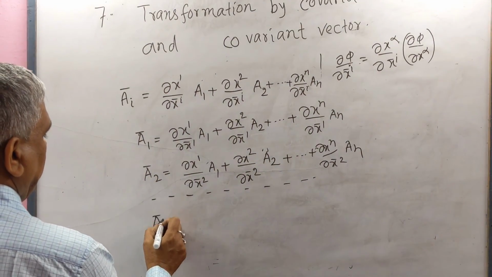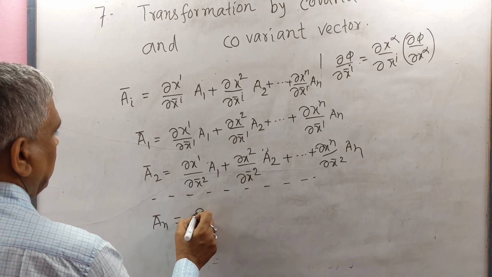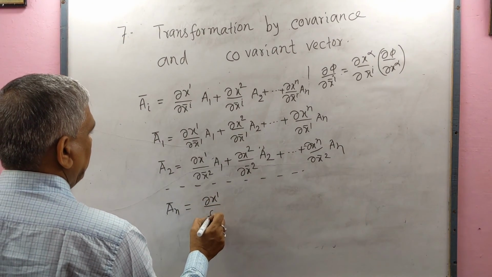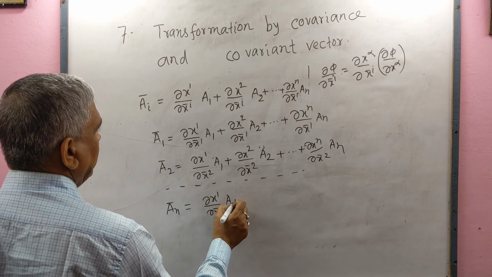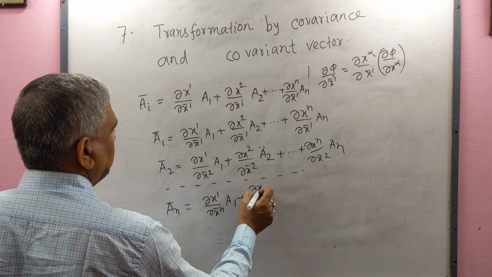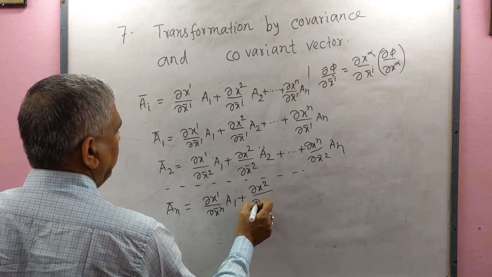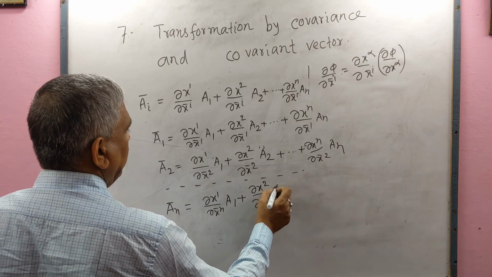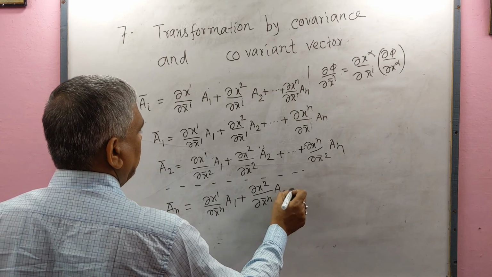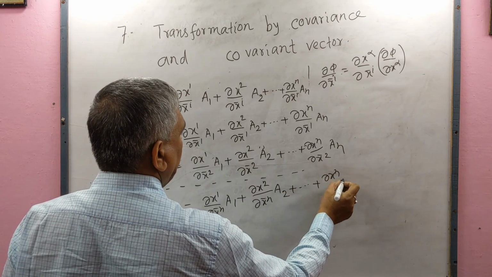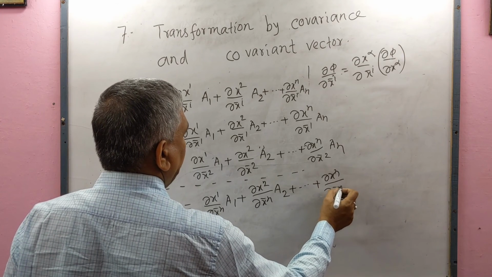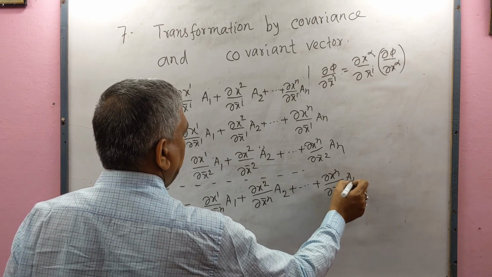A bar n equal to del x1 by del x bar n a1 plus del x2 by del x bar n a2 plus dot dot dot del xn by del x bar n an.